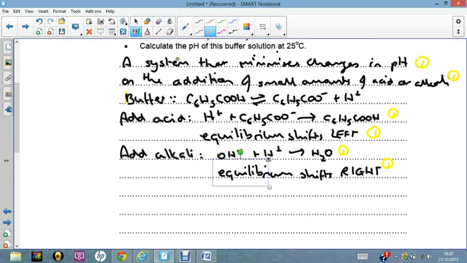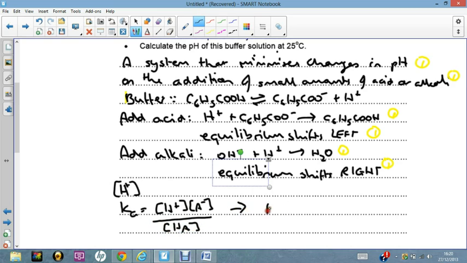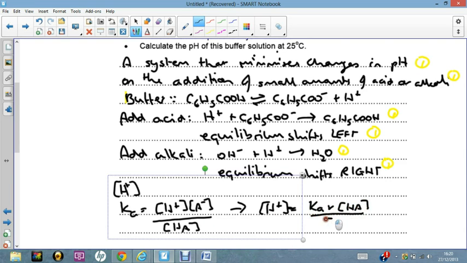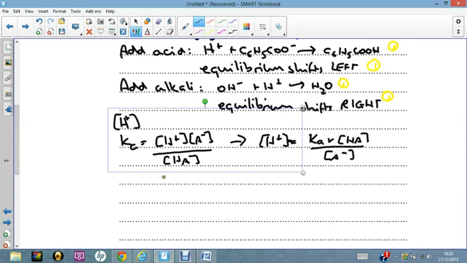Now it says calculate the pH of this buffer solution. Okay, because it's a buffer solution, we need to work out H+. As it's a buffer, the only way that we can do that is to use the Ka expression. Rearrange it. Okay, so that's the equation I'm going to use, and then I'm going to sub in my numbers.